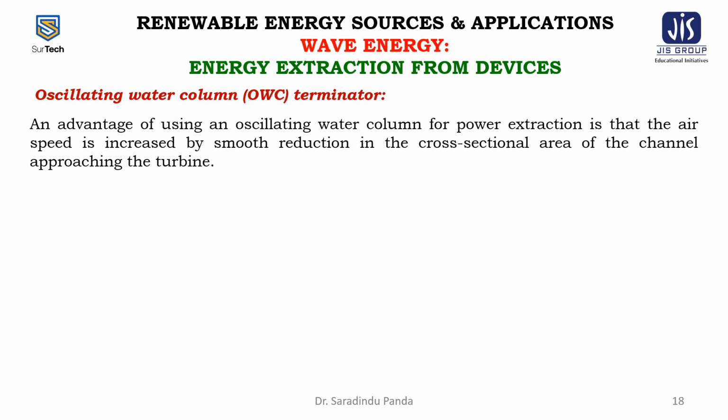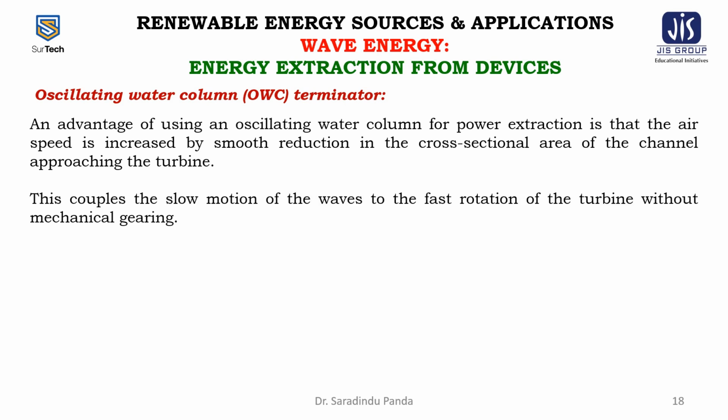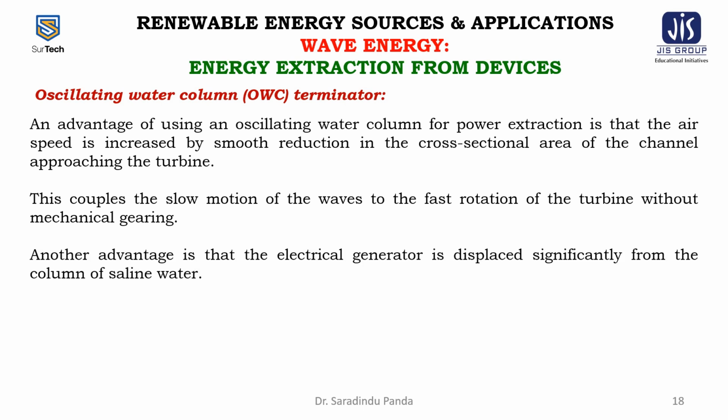An advantage of using an oscillating water column for power extraction is that the airspeed is increased by smooth reduction in the cross-sectional area of the channel approaching the turbine. This couples the slow motion of the waves to the fast rotation of the turbine without mechanical gearing.